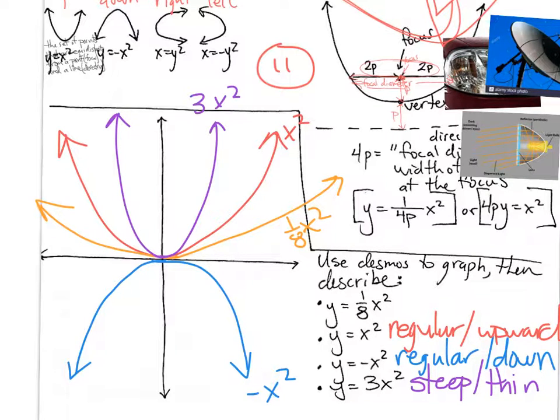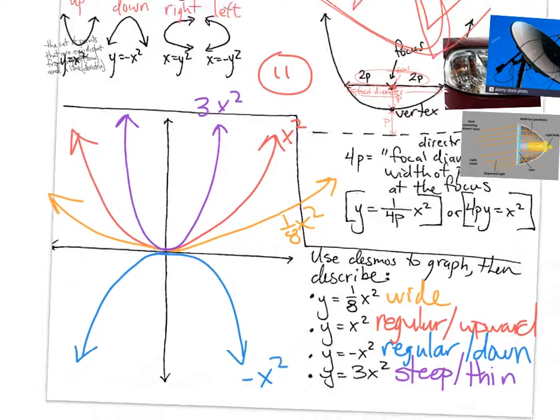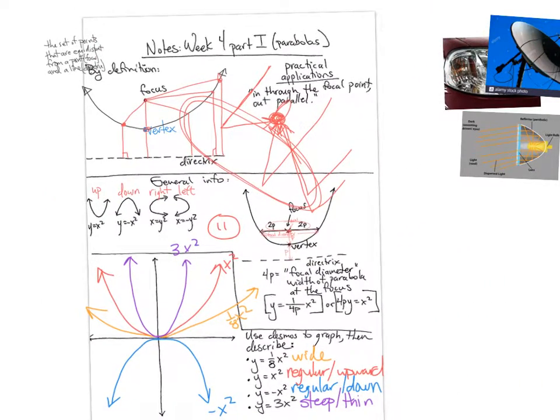And in orange, we have the 1/8 x squared, so this was basically a wide parabola, and it points upward as well. Okay, so just in general, we're looking at this coefficient, and that's going to tell us how the graph looks. For now, all of our parabolas will have vertices at the origin.